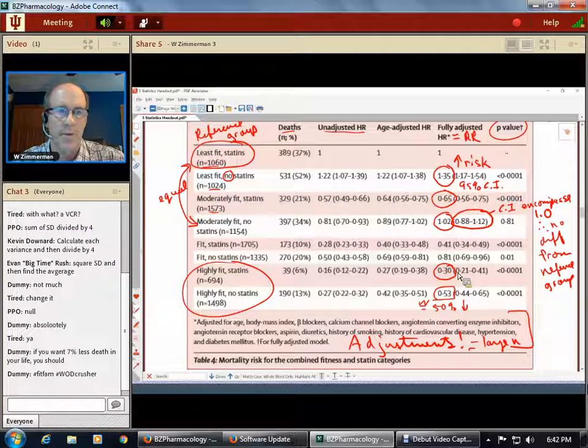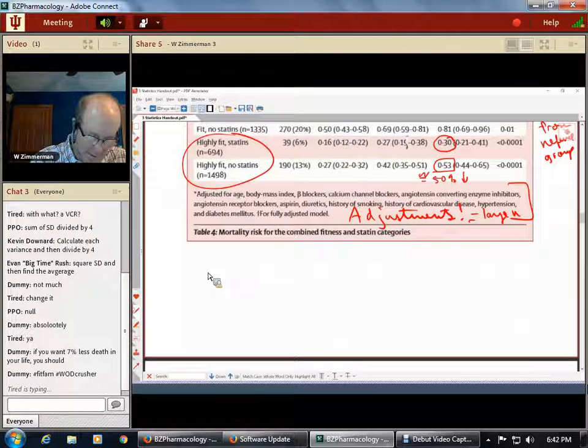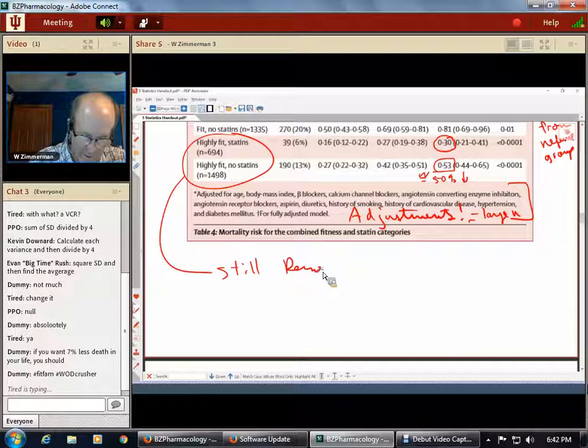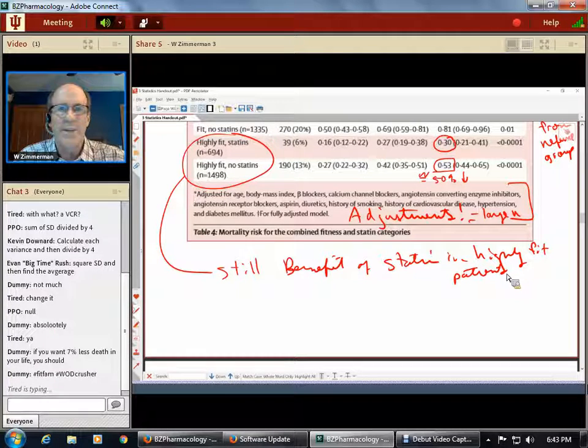So what that's showing is there's still a benefit of a statin in highly fit patients. But this is what we didn't have. That study was, I think, done in 2014.